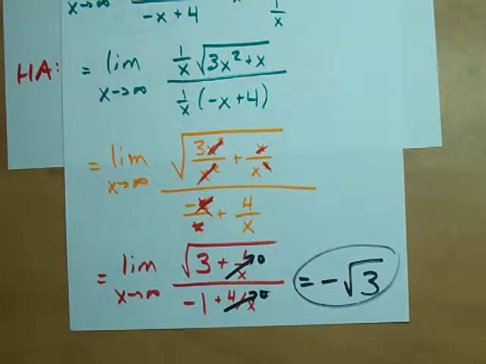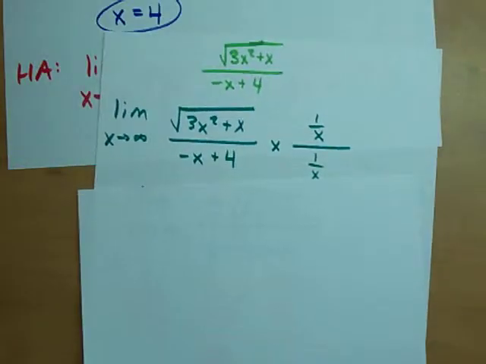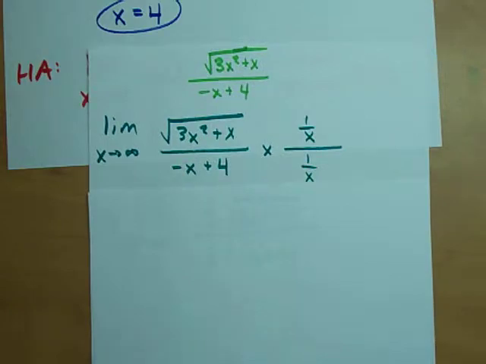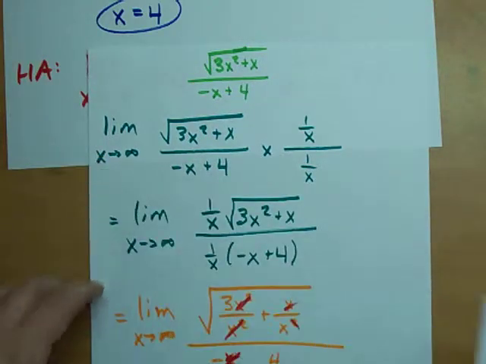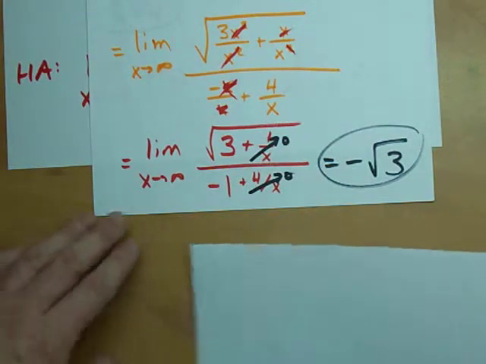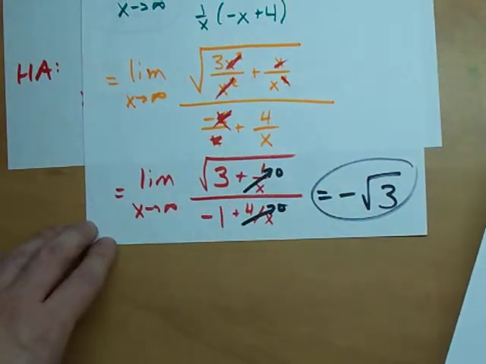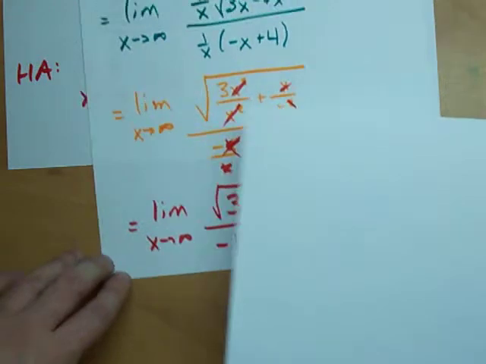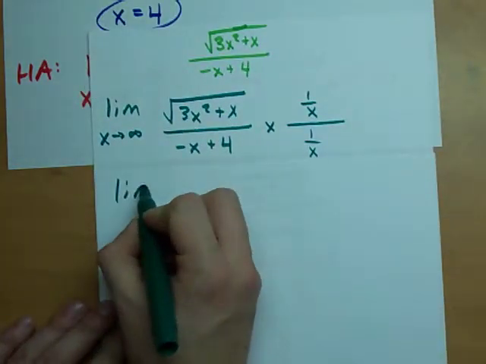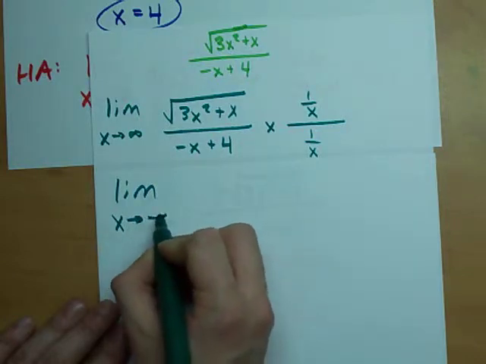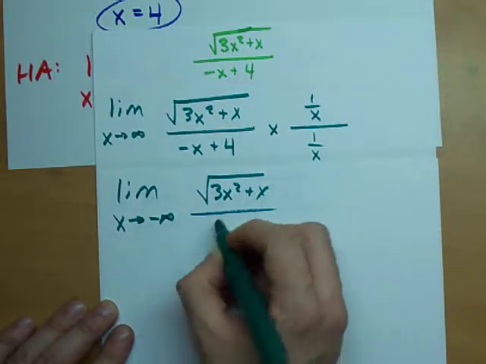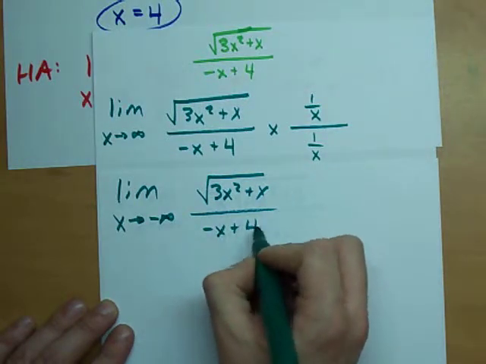Pretty sweet. We are going to do the exact same thing, except for negative infinity now. Actually, we can do basically the same thing. Limit as x approaches negative infinity of the square root of 3x squared plus x all over negative x plus 4.